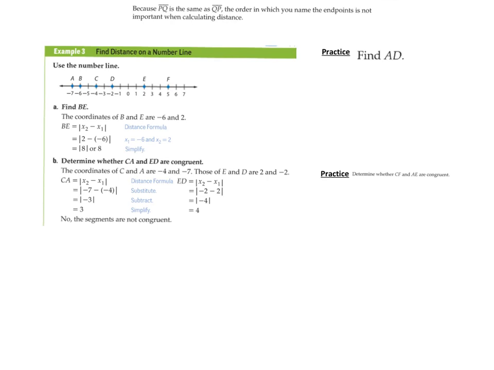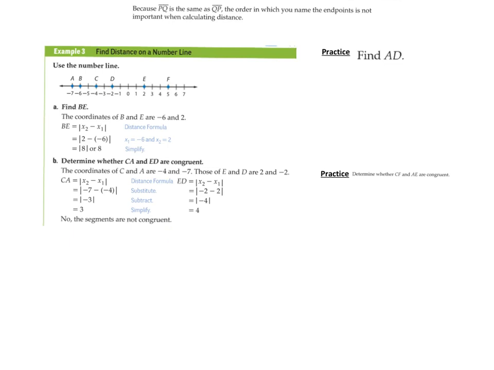So if CA and ED are congruent, they'll both equal 3. Well, we check ED. ED runs from 2 to -2. So we have -2 minus 2, which is the absolute value of -4, which is 4. Because 3 is not the same as 4, the segments are not congruent.